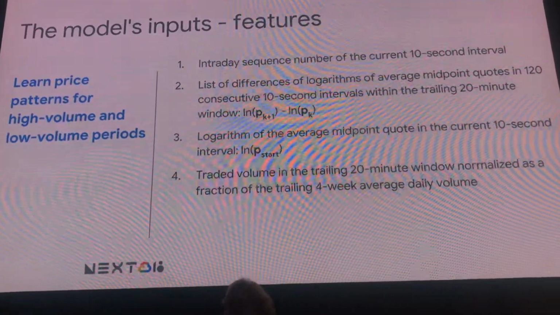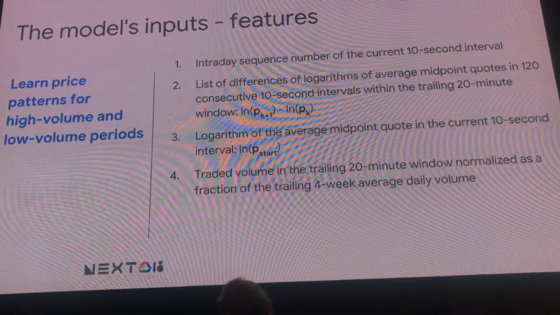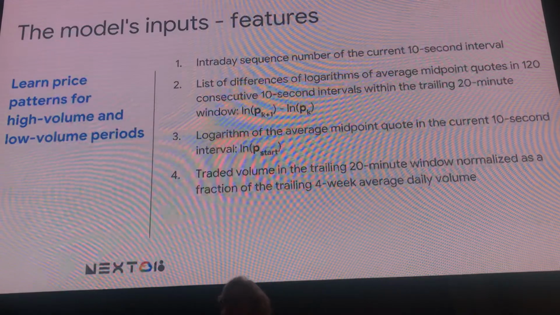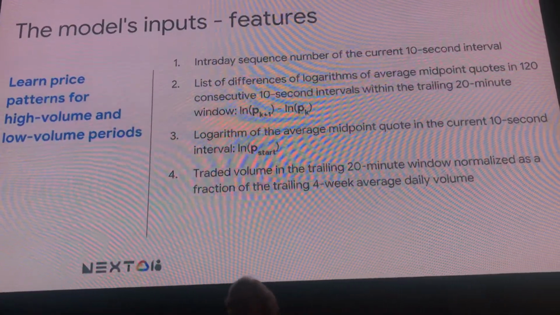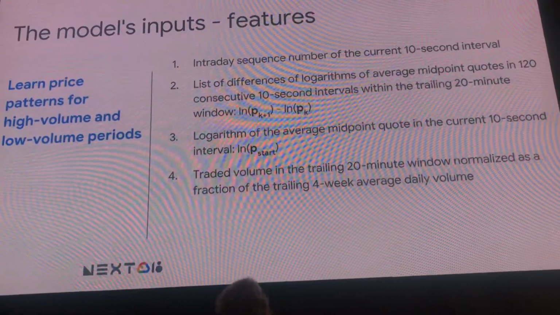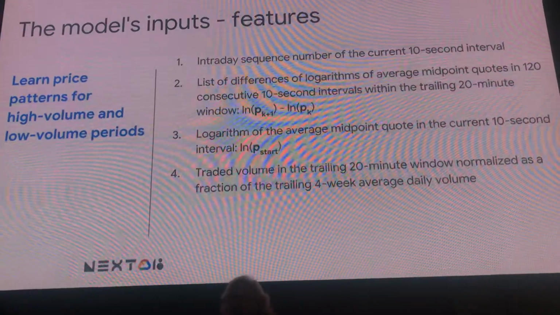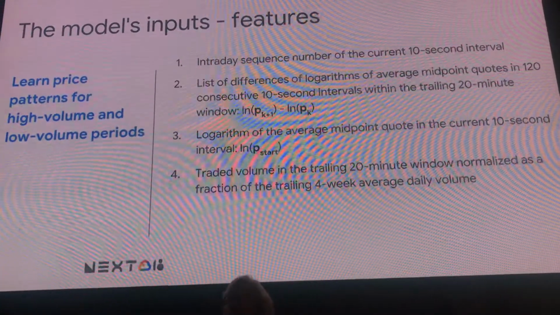Then volume is also relevant, and so as one of the input features we're going to be using volume in the trailing 20-minute window preceding the current interval. But for this to be useful, we want to normalize the volume by the stock's average daily volume over some reasonably long time range, and for this example we use 4-week average daily volume as a normalization factor.